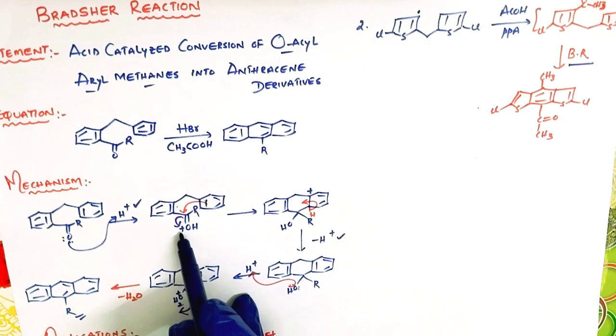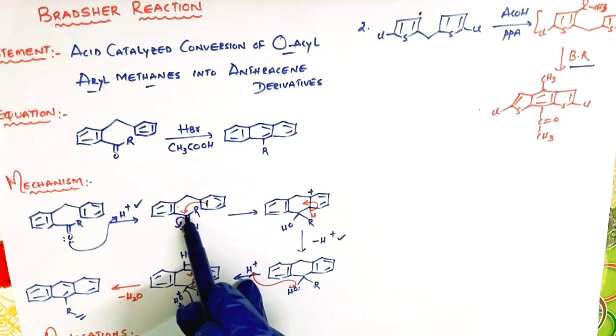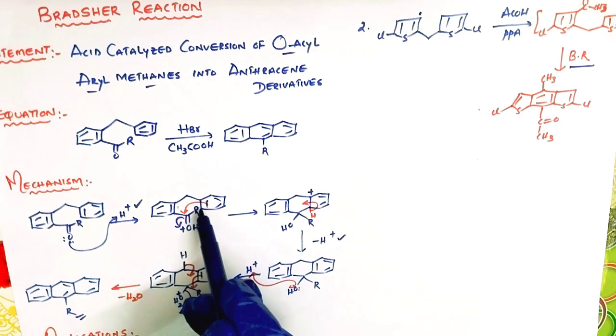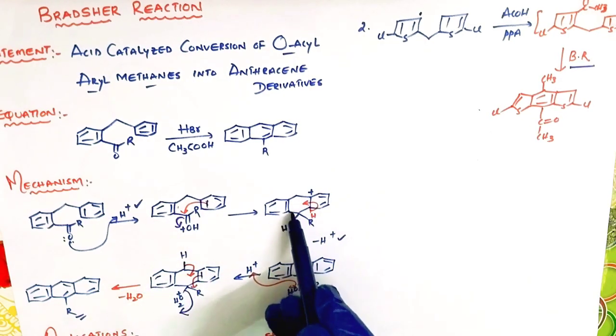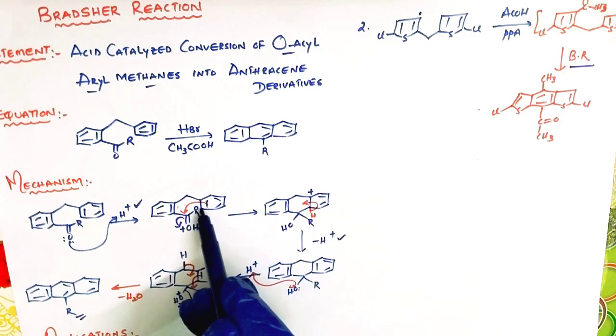So in order to neutralize this positive charge, what is happening? The pi bonding electrons are moving towards the oxygen. Thereby this carbon will take positive charge or not. So in order to neutralize this positive charge, the pi bonding electrons from the benzene ring shift towards this carbon, thereby creating a carbon-carbon single bond and producing a cyclic compound. So carbon-carbon bond formation takes place.